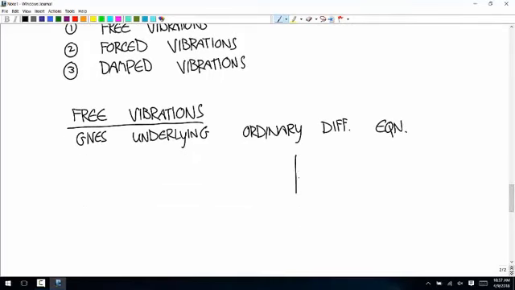But say there's a spring connected to the wall and a cart connected to the spring that rolls along the ground. And the cart has a mass m and the spring has a constant k.